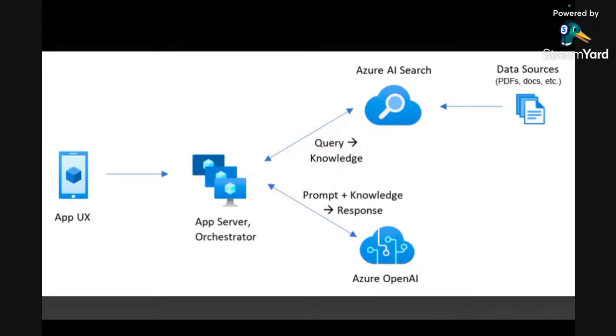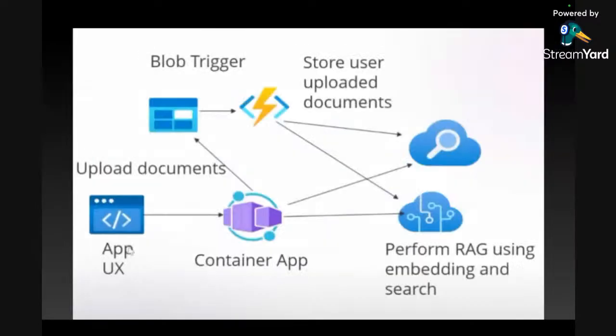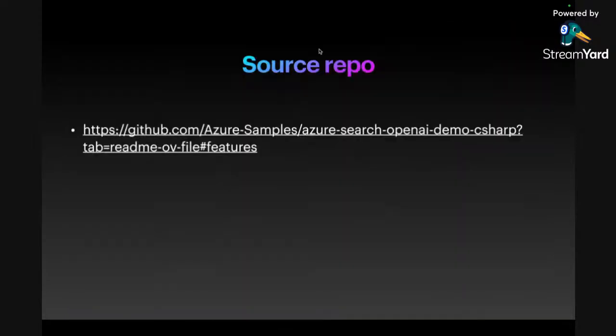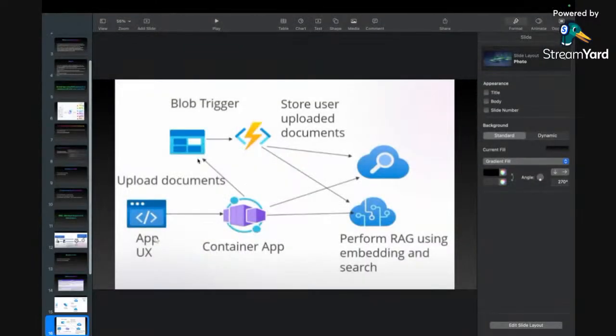We had indexed a few PDFs, and that has been stored in our data source in the form of PDFs and images. So that information is retrieved and stored in the cloud. In general, it will have the UI, which sends the information to the container app.